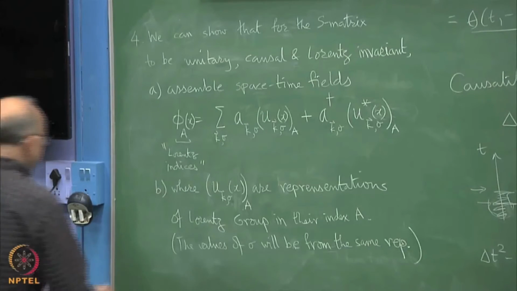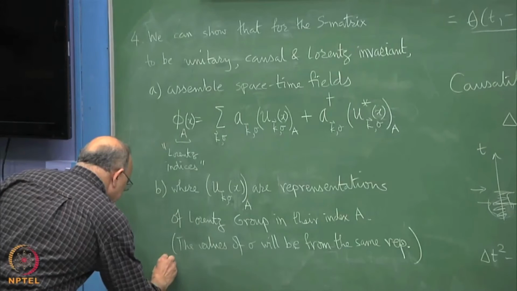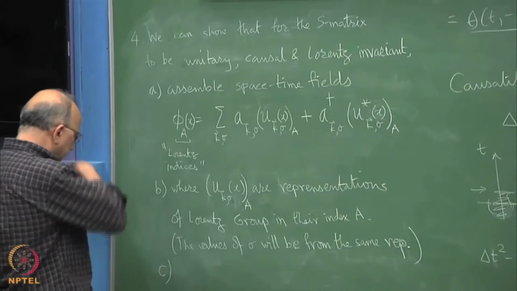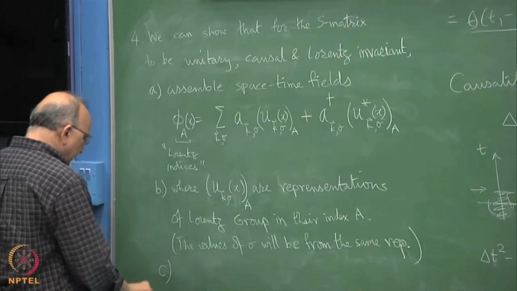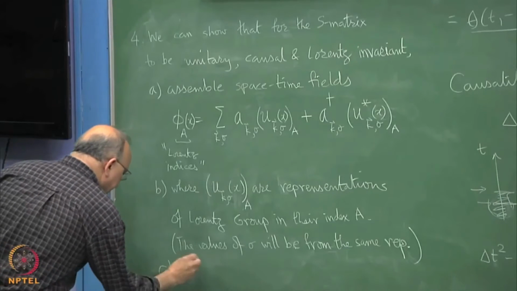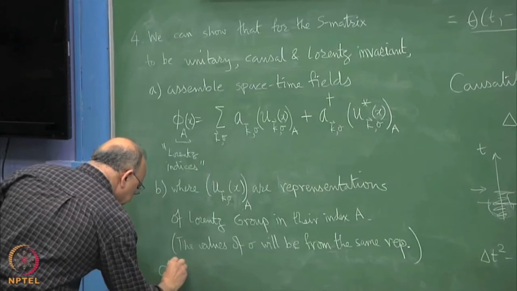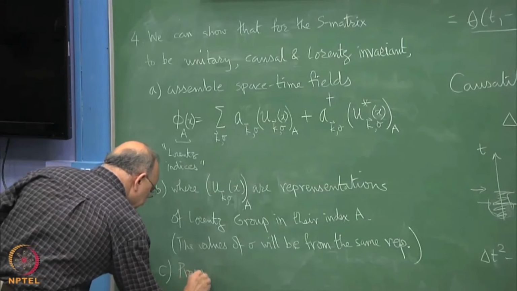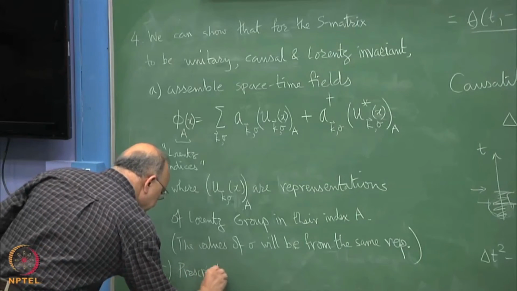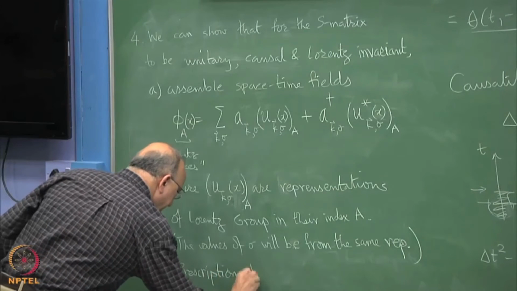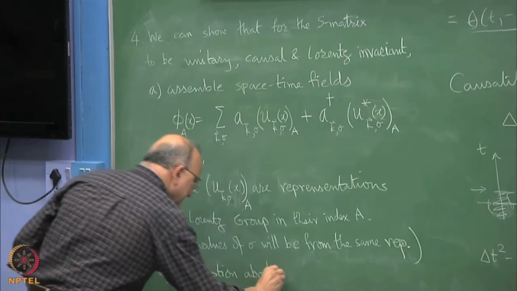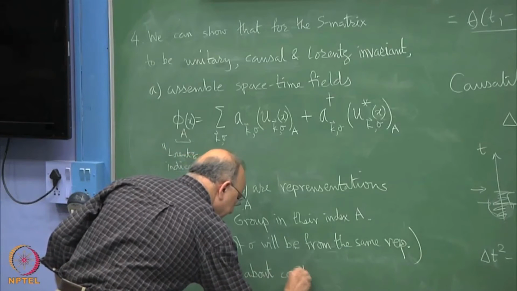And the recipe C is to construct interaction Hamiltonian. So this part C is a recipe about constructing which we will see later.